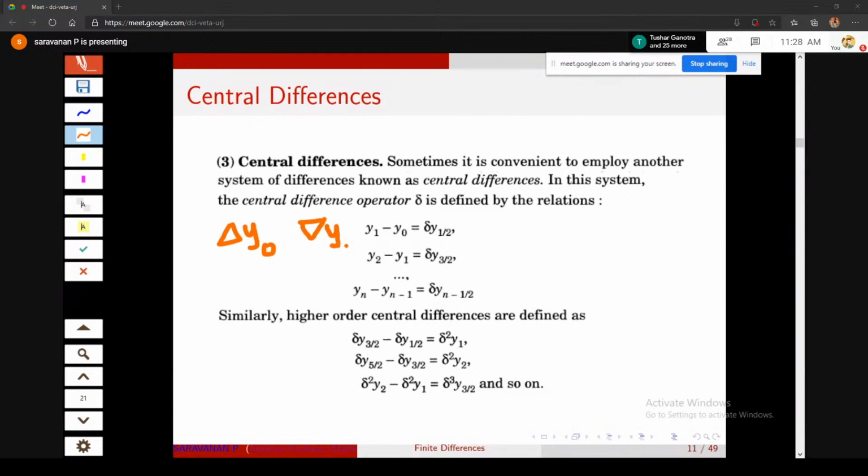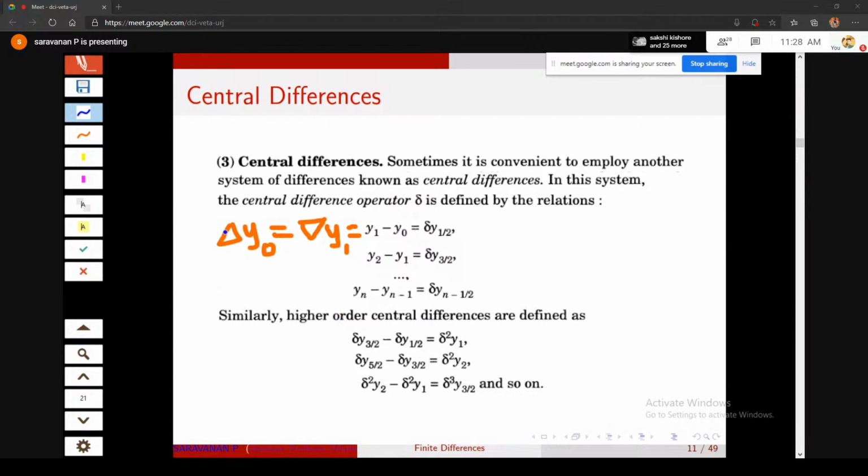Okay, actually delta y0 equal to del y1 equal to y1 minus y0. But in the case of central difference, we take the average of these two suffixes, that is 1 and 0. You take the average, that is 1 by 2, you denote it as delta y at 1 by 2. Similarly, here you take the average of 2 and 1, so it is 3 by 2. And take the average of n and n minus 1, so it is n minus 1 by 2.